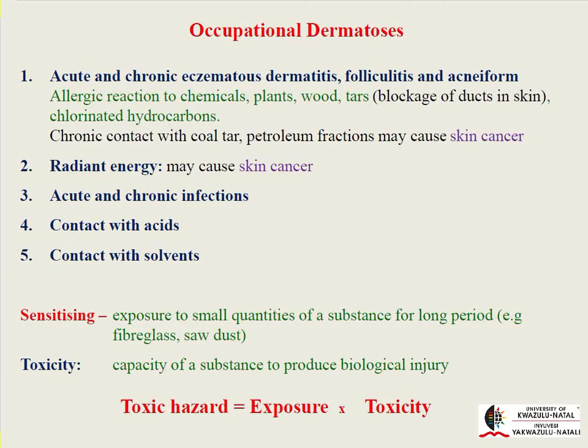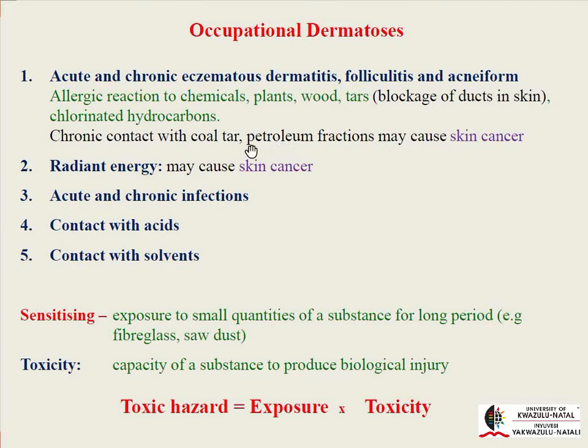Okay, so just a few points on dermatosis. So this is occupational dermatitis. Essentially various types of skin conditions. Allergic reactions to chemicals, plants, wood, tars, chlorinated hydrocarbons are popular candidates to cause types of skin irritations and disease.